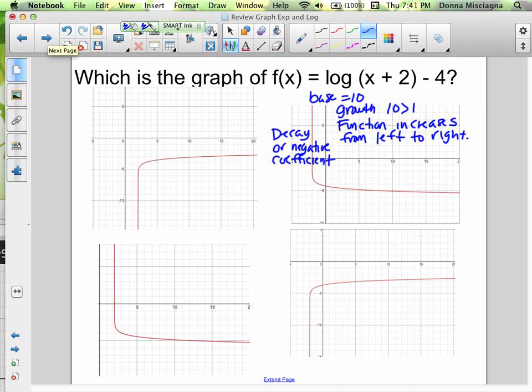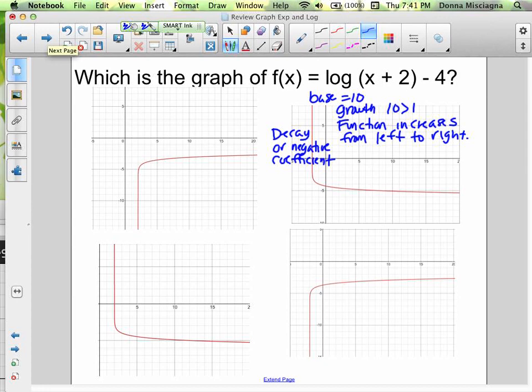So if I had y equals negative log x, or y equals log base 1/10 of x, they're going to be the same. They're both decay. They both are reflected. They both go down.